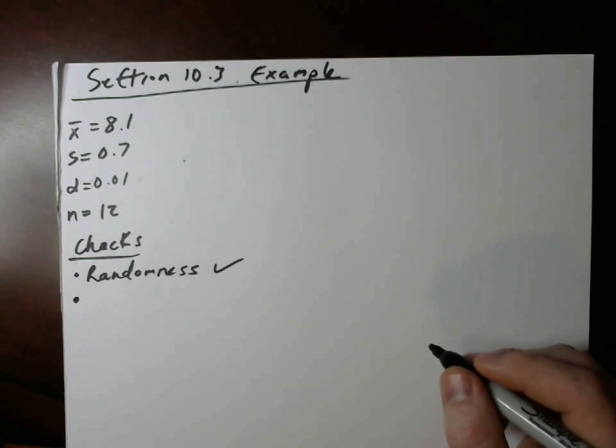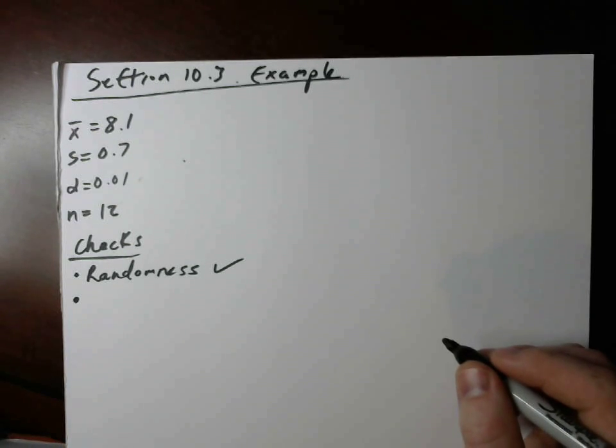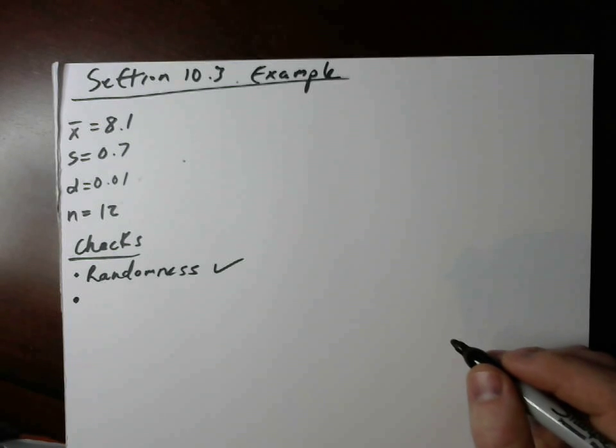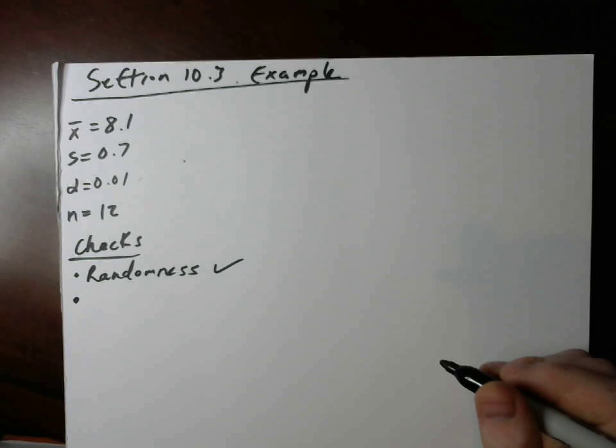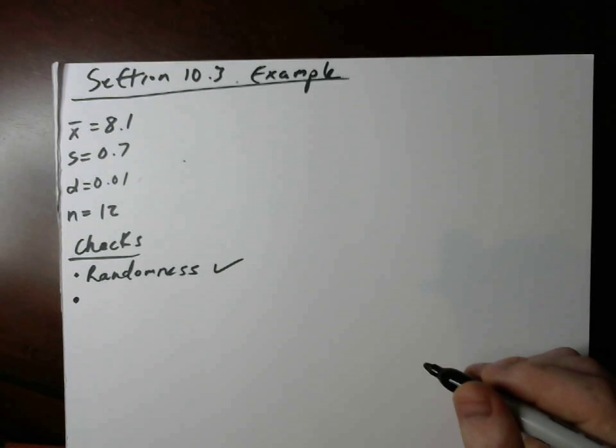But what's kind of convenient is, remember from the check, either we need n is greater than or equal to 30 if we have a non-normal distribution, or we need any sample size, even 1, 2, 3, up to whatever value you want, 1 to infinity of sample size, as long as the original distribution is normal.